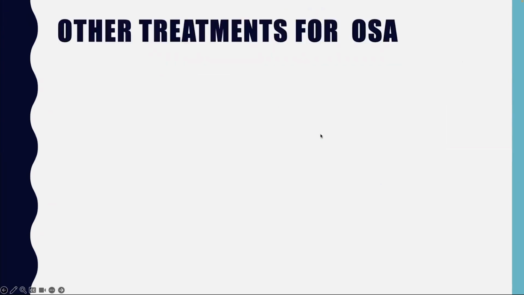So I talked a little bit about CPAP, and so what are some of the other treatments for obstructive sleep apnea that are common? I'm just very briefly going to touch on this slide. So there are dental sleep apnea devices for mandibular advancement, and these are made by dental sleep specialists.